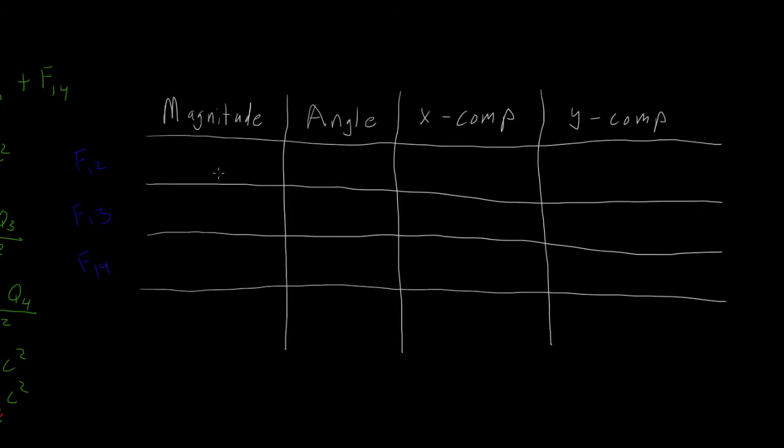So the magnitudes between 1 and 2 and between 1 and 4 were both 324,000 newtons. Okay, and the force between 1 and 3 was 162,000 newtons.